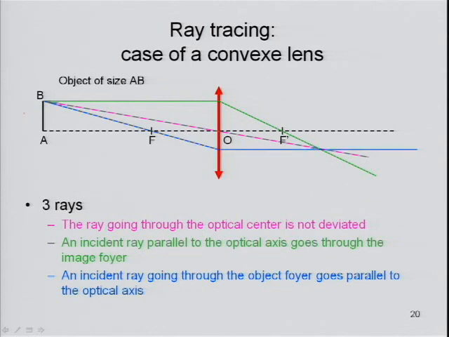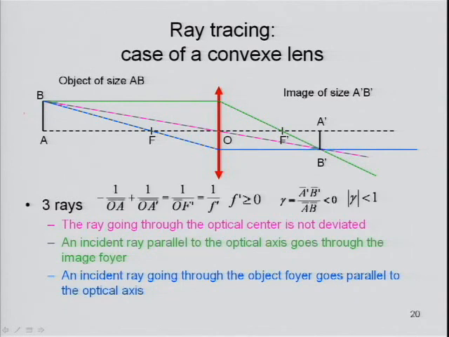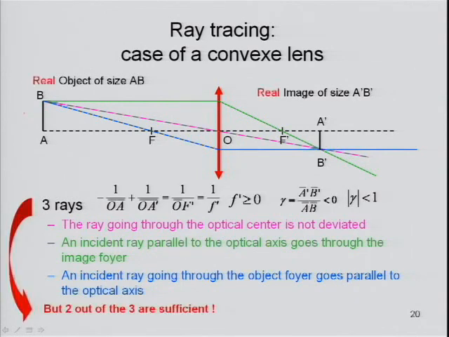So where's my image? Here. So in this case, I do have an intersection of my beam, and it's not a mirror anymore, it's a lens. So if I put a screen at the location of A prime, B prime, I will be able to see an image, and it will be a real image.